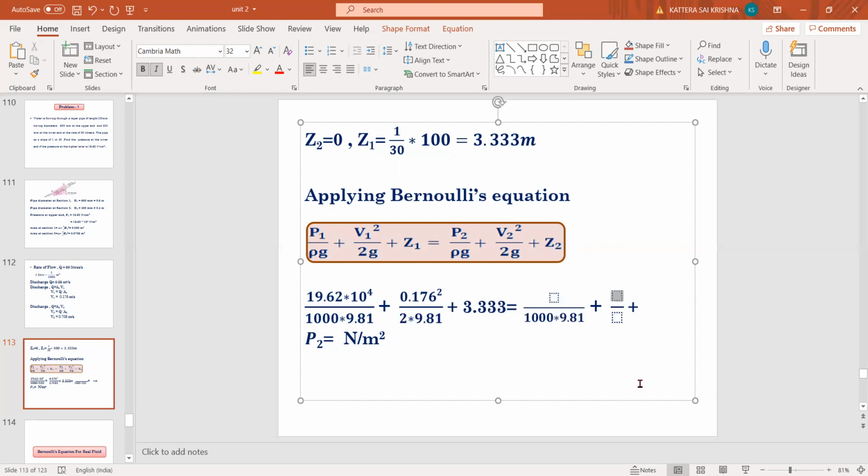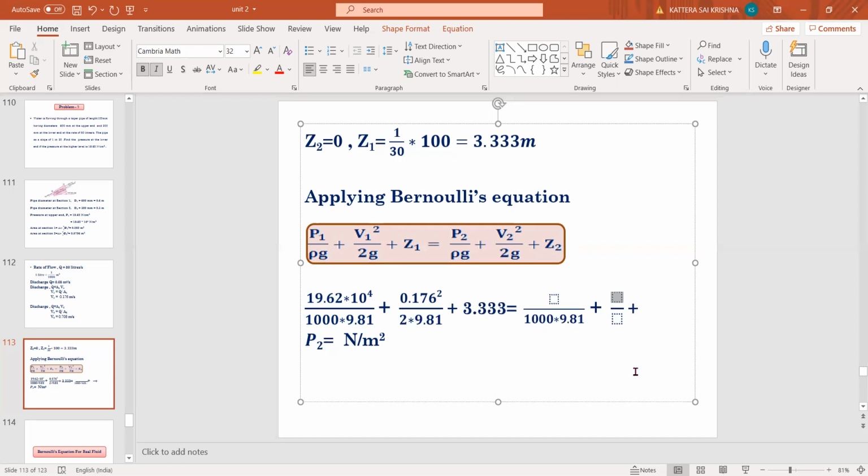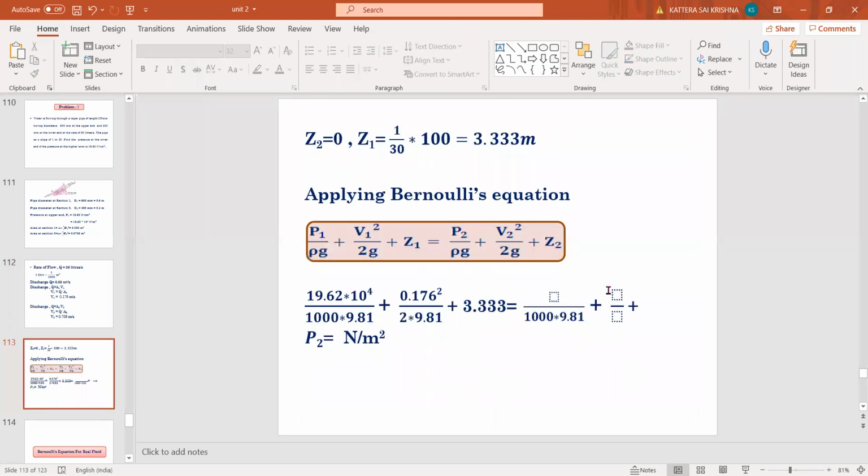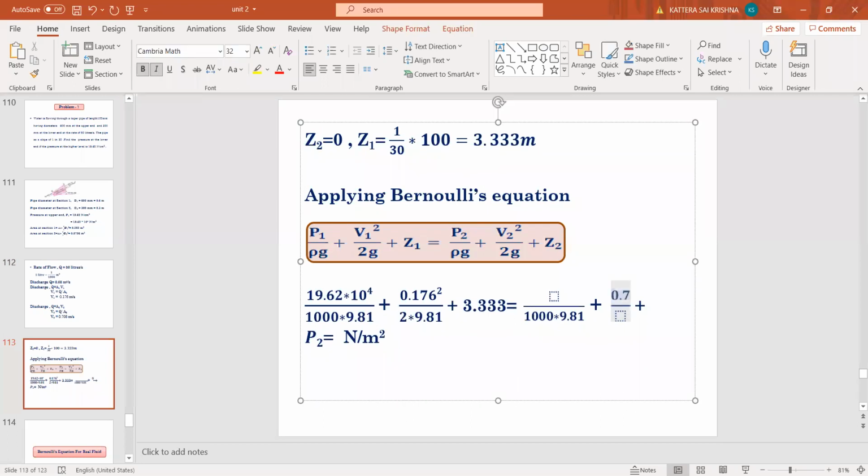V2 value is 0.708. Z2 is 0. From that, you find your P2.